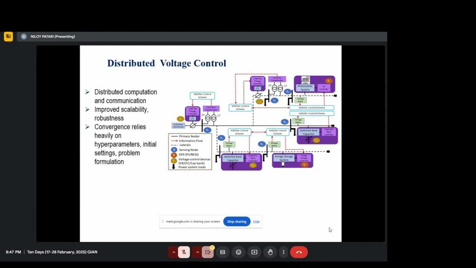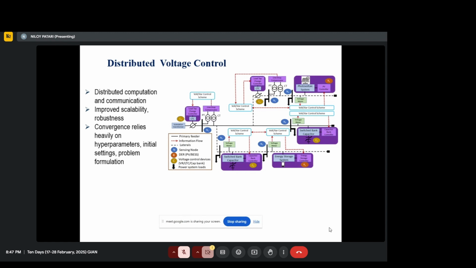Then robustness is improved because there is no communication exchange happening network wide, right? So to get to a certain optimal solution, you don't have to worry about what if this communication fails or whatever.